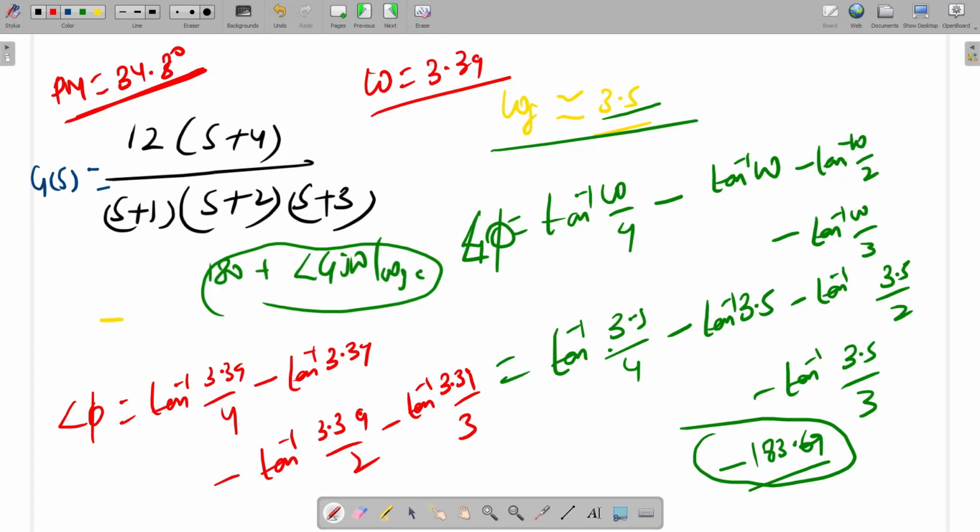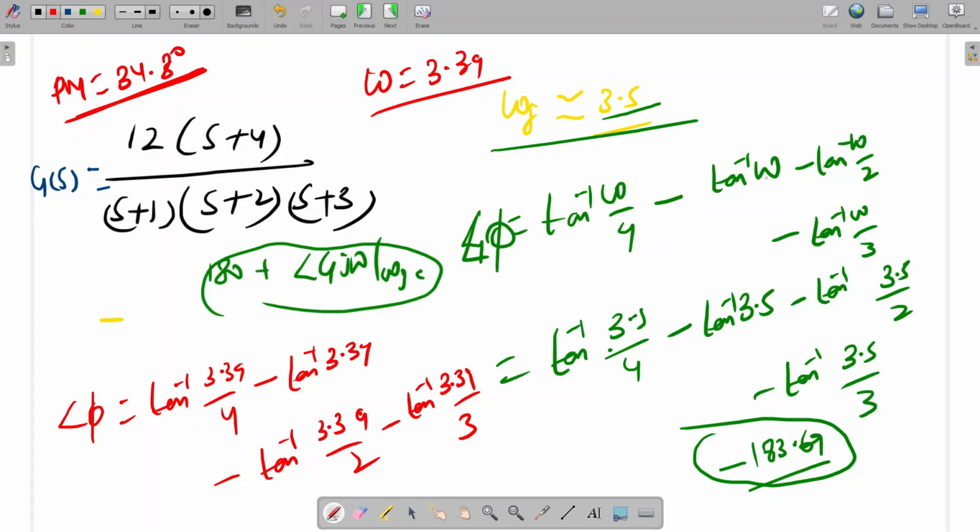So tan inverse 3.39 by 4 minus tan inverse 3.39 minus tan inverse... 3.5 is minus 142. Okay, so that was also correct.